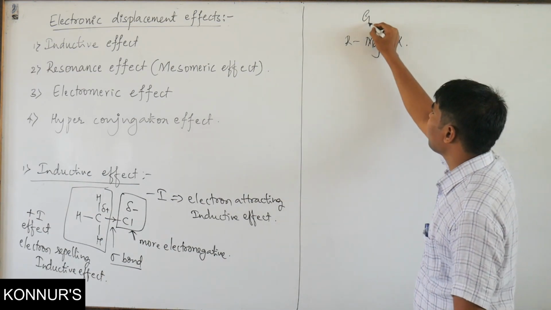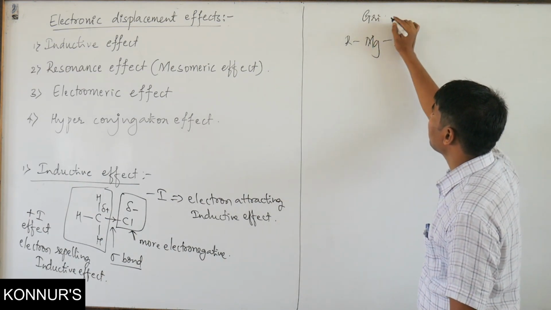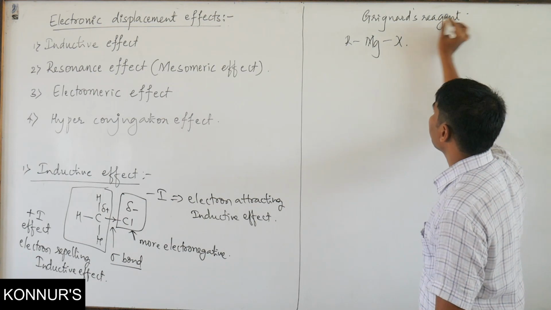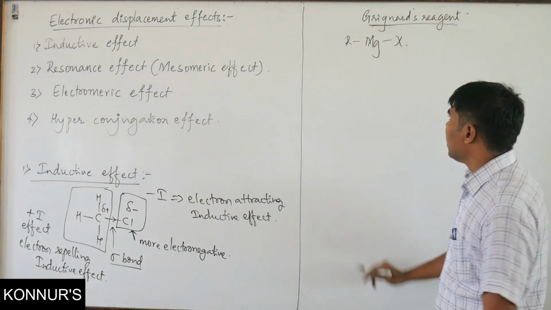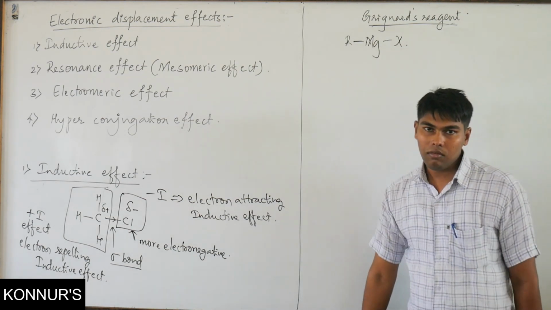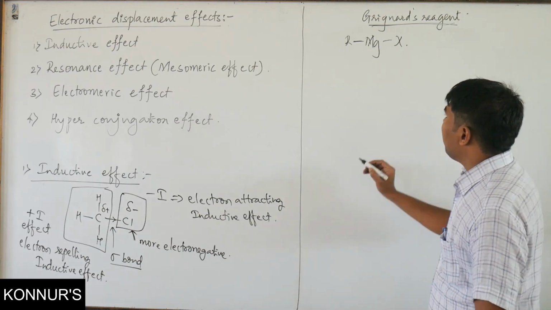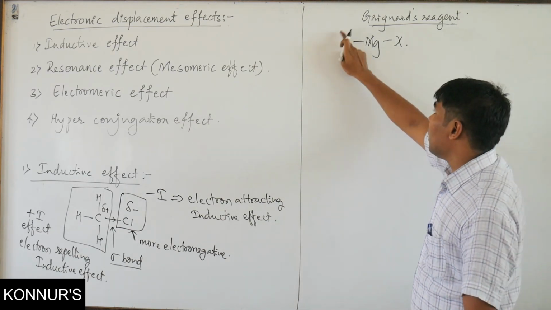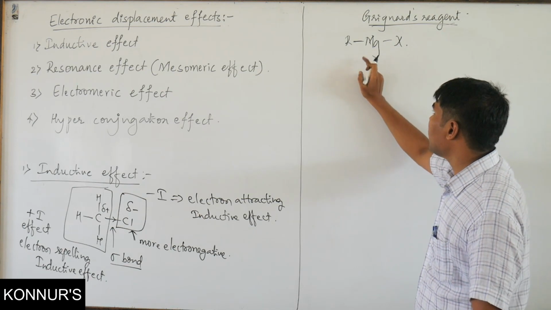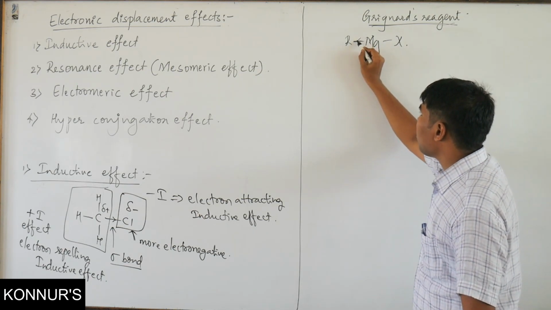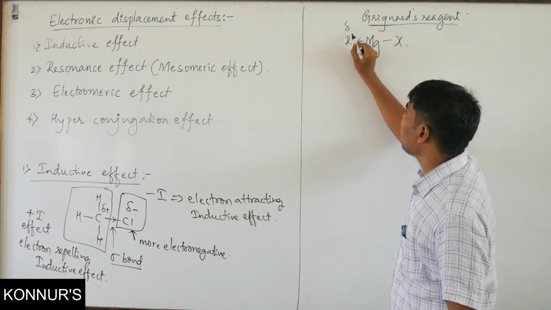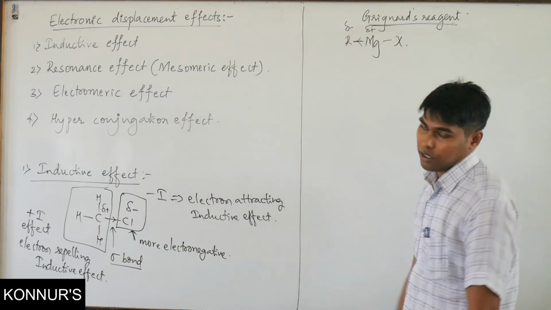This is called a Grignard reagent, where this bond is not polar compared to this one. This bond is polar, where the carbon, in the alkyl or aryl group, is present, and this is the electropositive element. Since this is electropositive, the displacement of electrons towards the alkyl or aryl group takes place, so this takes a partial negative charge and this takes a partial positive charge.